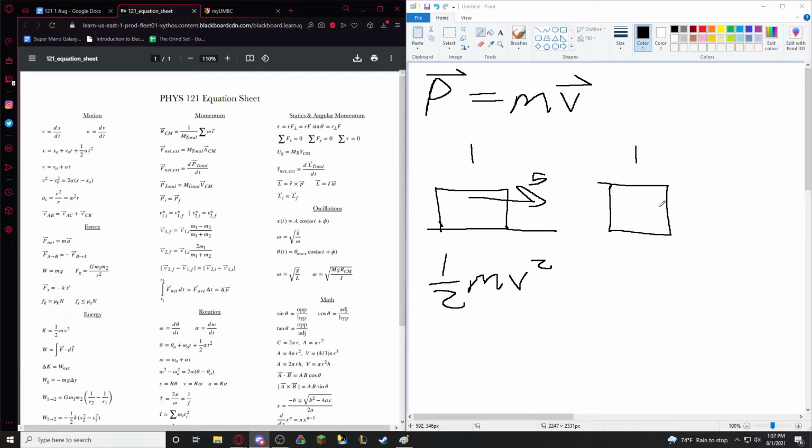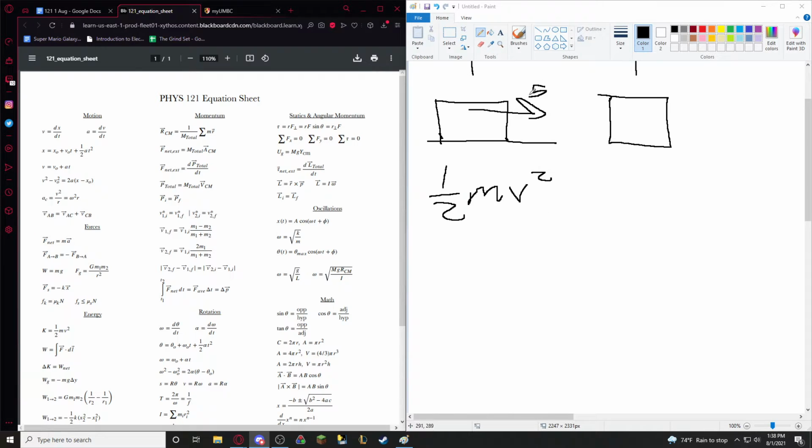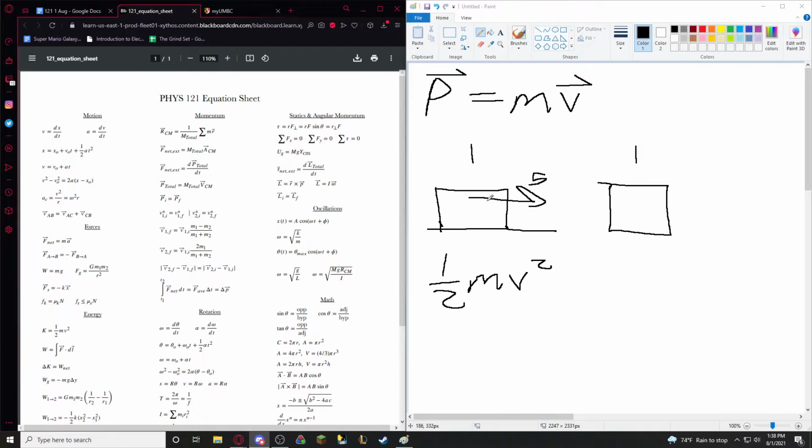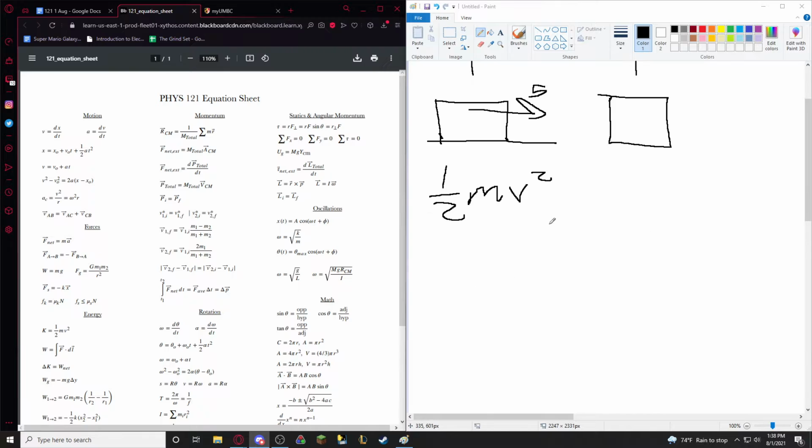Yeah, I'm honestly not sure how momentum and energy would be conserved in that case. So let's go ahead and actually solve for it. Let's say initially we have the masses and the initial speed, and afterwards the first block is traveling at a speed v1, and the second block is traveling at a speed v2.